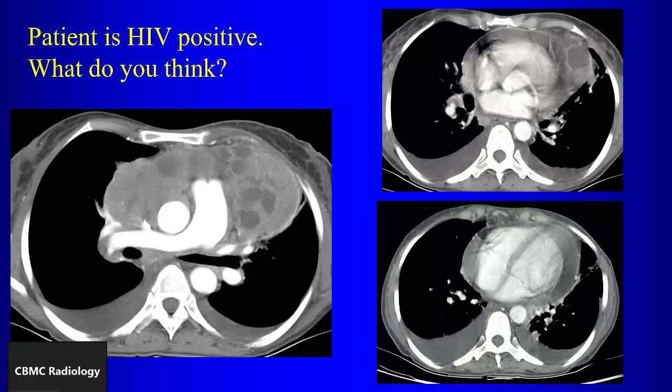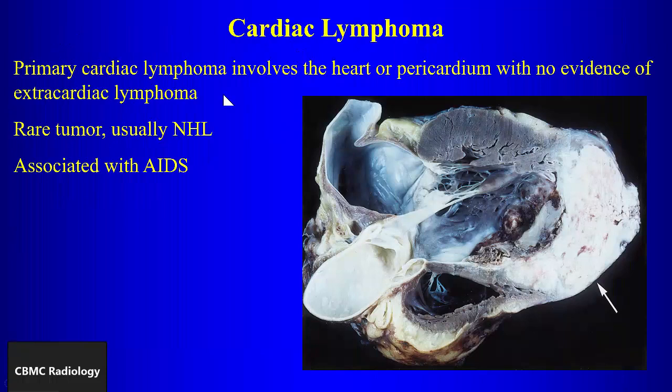These are infiltrative tumors, very ugly looking, and these are also associated, here you have a pericardial effusion associated with this tumor. So cardiac lymphomas involve the heart or pericardium, and it can be limited to the heart. No evidence of extracardiac lymphoma. Rare tumor, usually non-Hodgkin's lymphoma, and it is associated with AIDS.